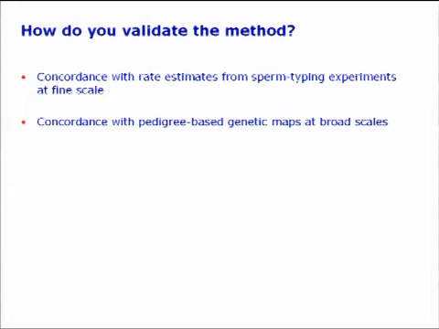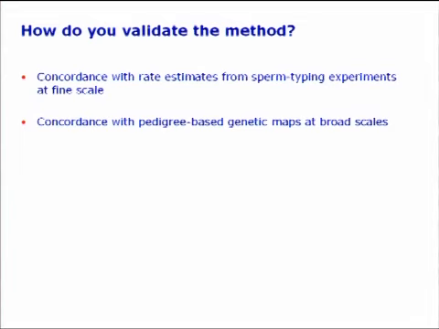Of course, we need to validate this methodology. So how can we actually convince ourselves that the estimates that we get out of this are sensible? Well, very fortunately, we have two sources of information that we can compare our results to.